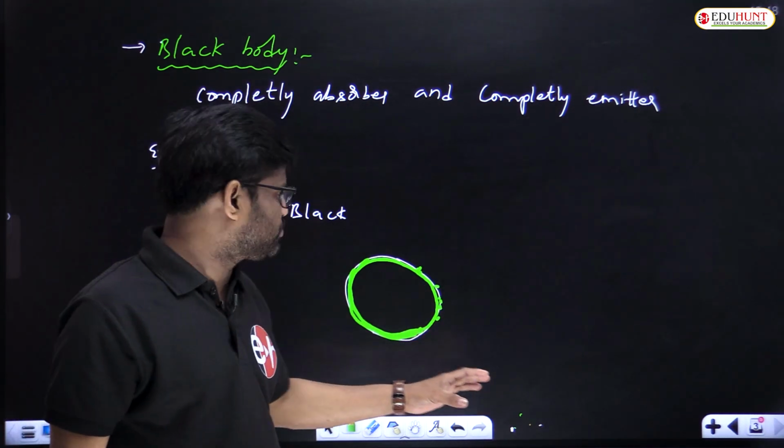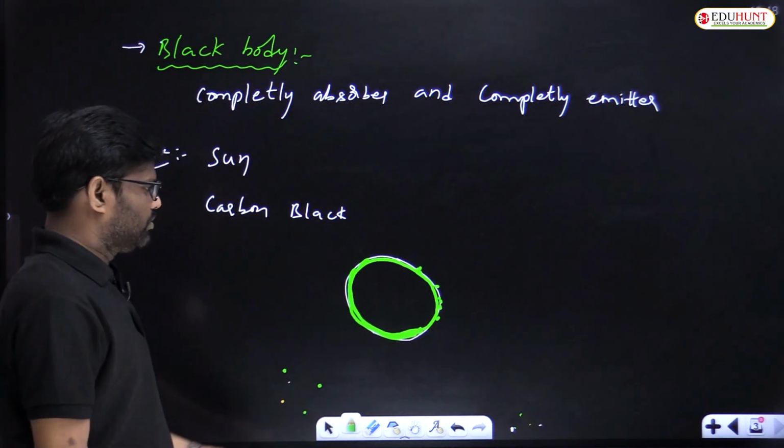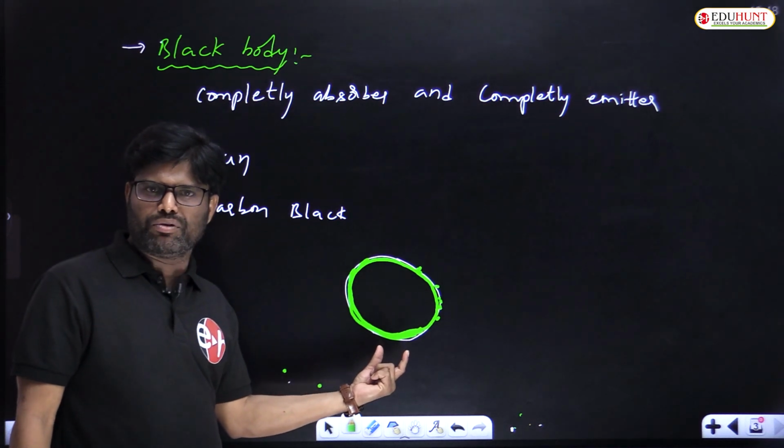This is the third example of a black body.